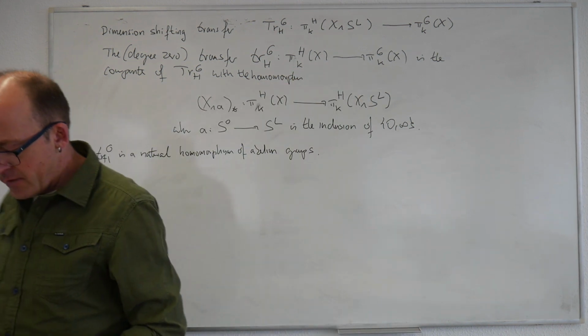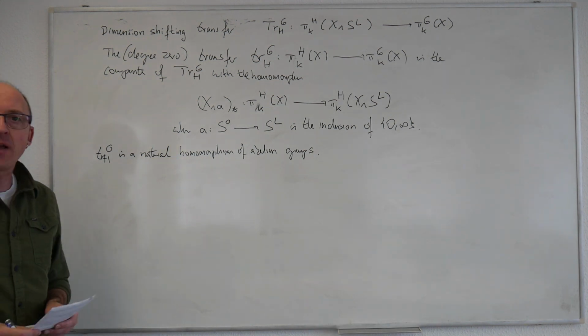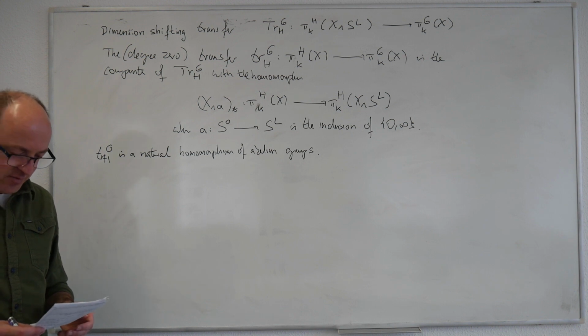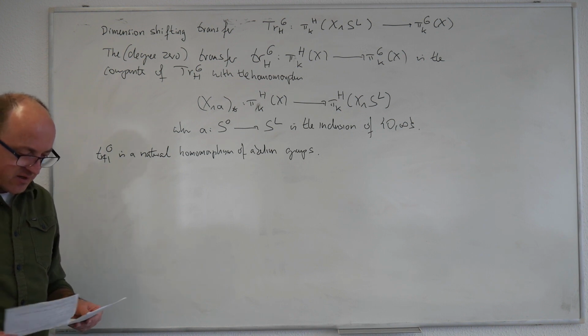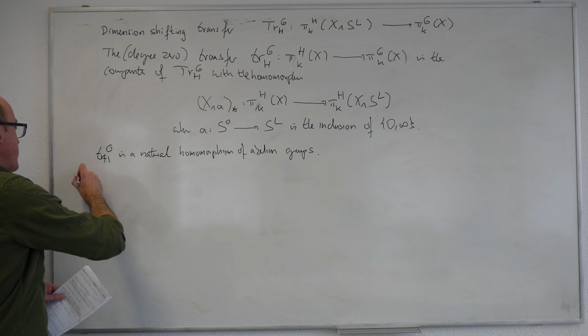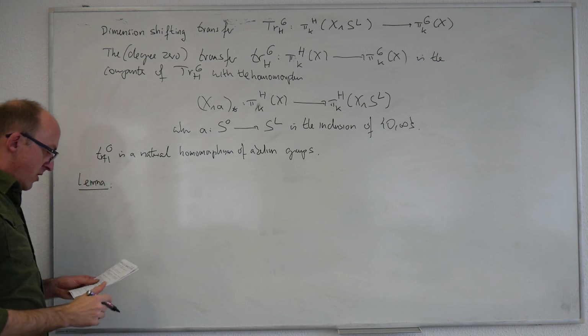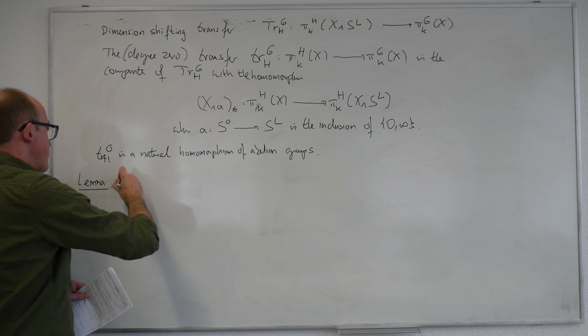Now I would like, for the first time, to actually prove something in this lecture. So far I've given you lots of definitions and some constructions and references, but I haven't yet proved anything, so that's what I want to do now. This proof will not be terribly difficult or deep, so I'll just call it a lemma, but nevertheless it requires an argument.